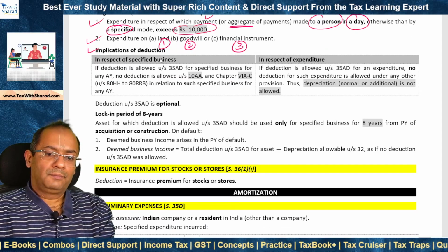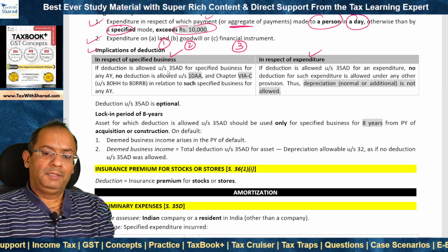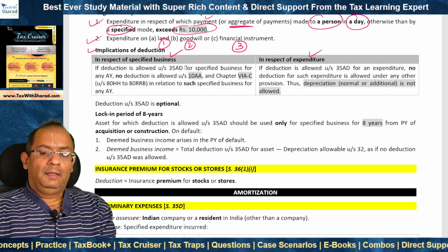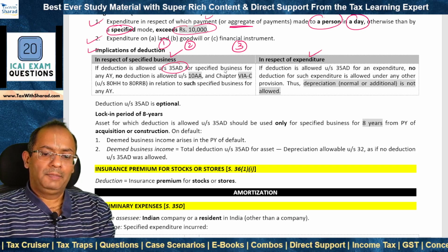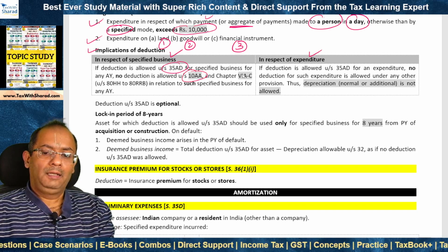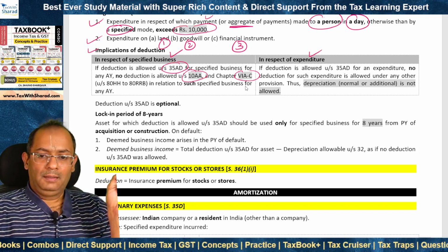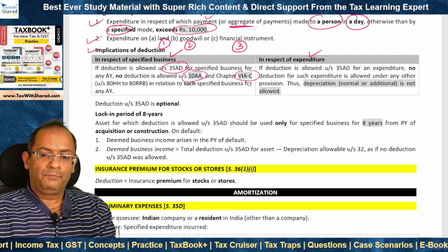Implications of deduction in respect of specified business and in respect of expenditure. In respect of specified business, if deduction is allowed under 35AD for a specified business, deduction cannot be allowed under section 10AA or chapter VIAC. 10AA is the deduction on account of newly established units in special economic zone.